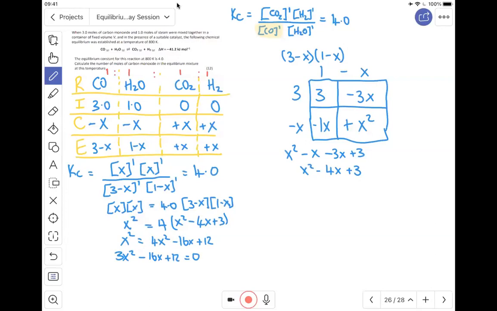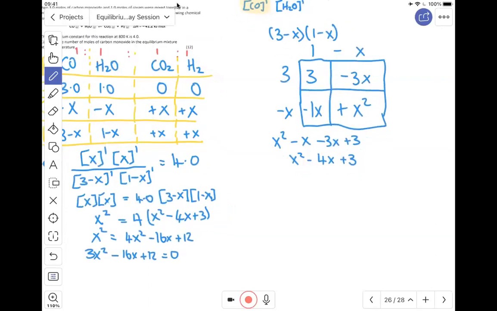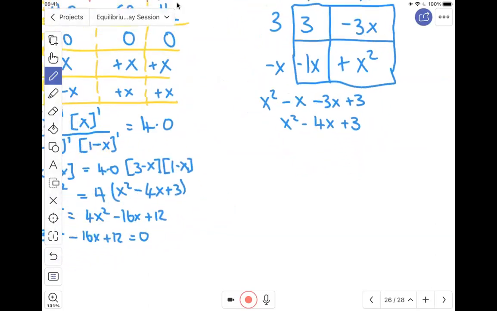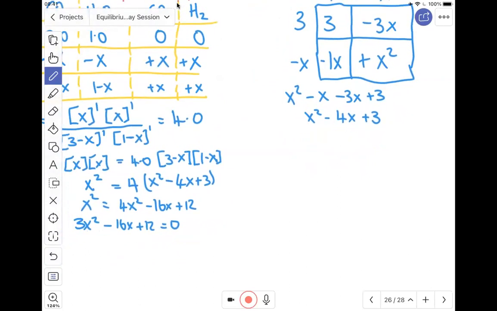Now, at that point, I would recommend that you go and use the minus b formula on this. I'm just going to zoom in for a second. I'm just going to put a line under that, and I'm going to write out 3x squared minus 16x plus 12 equals 0.